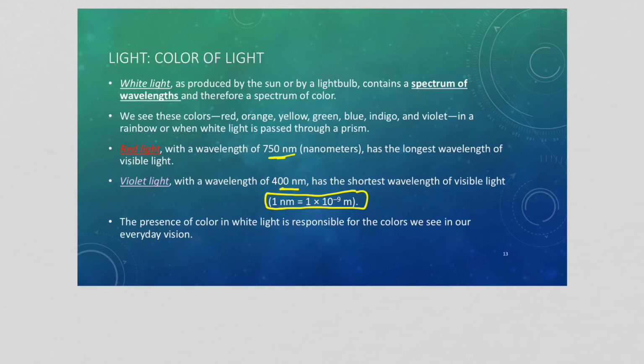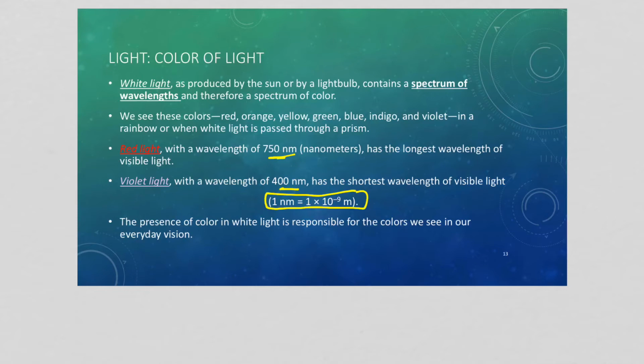Now, when we see colors, when we look at something, why does it appear certain colors to us? Well, as you might imagine, it has to do with the wavelengths of light that are coming off of that. Now, they're not being emitted by that. Everything that's colored isn't emitting light.